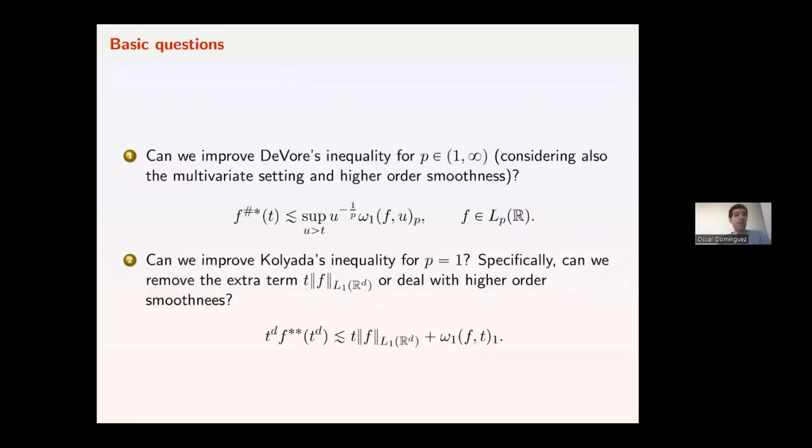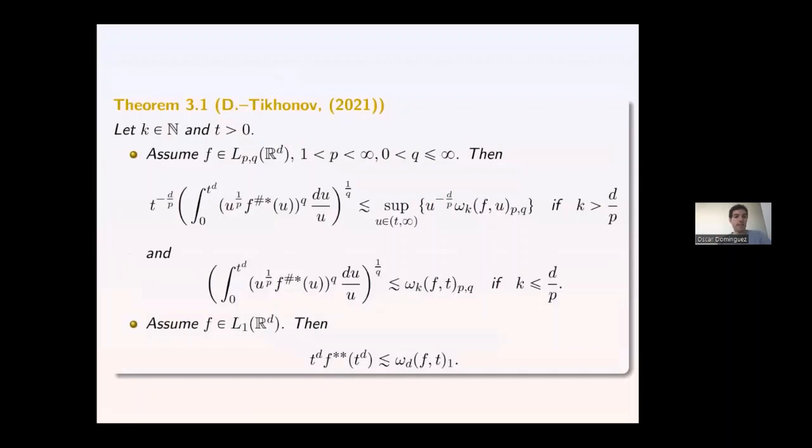So the next result provides us an answer to these questions, and it says the following. Consider any modulus of smoothness of any order, any t greater than 0, and any dimension. If your function belongs to the Lorentz space with p strictly larger than 1 and q free, then we have to distinguish two possible situations.